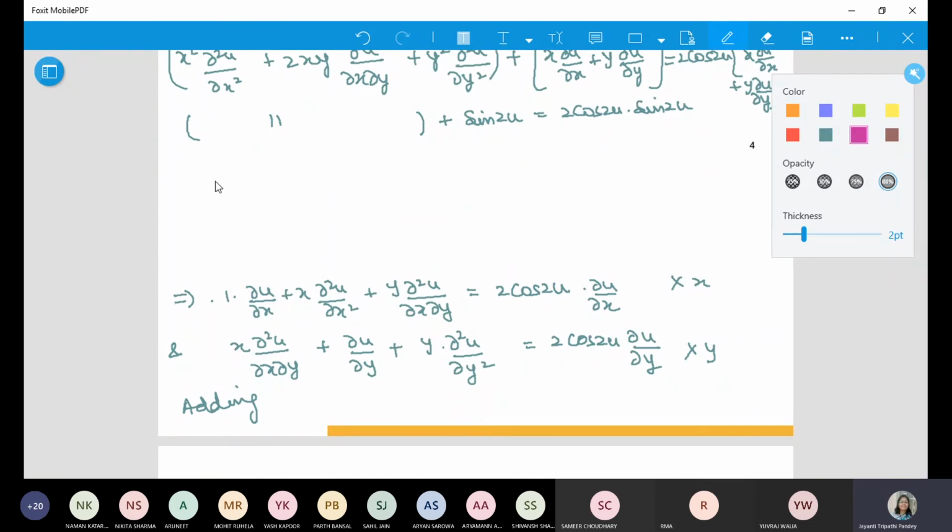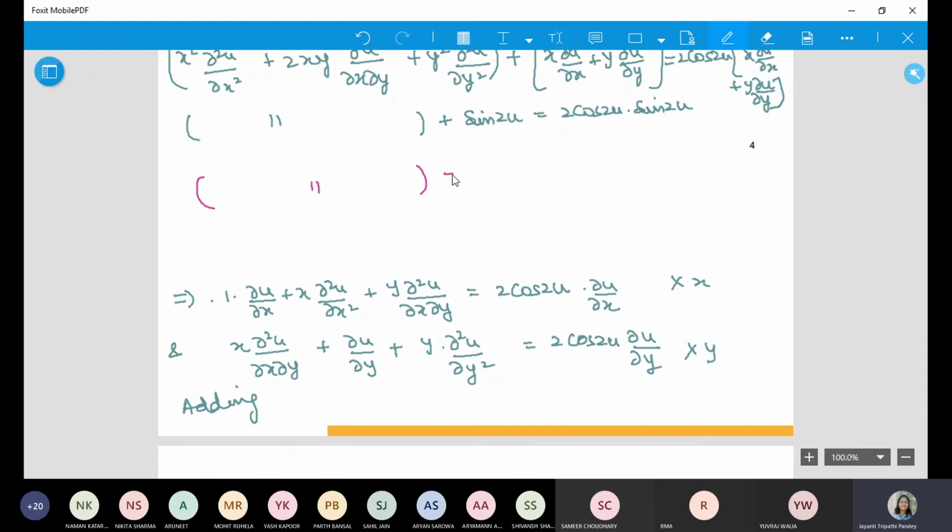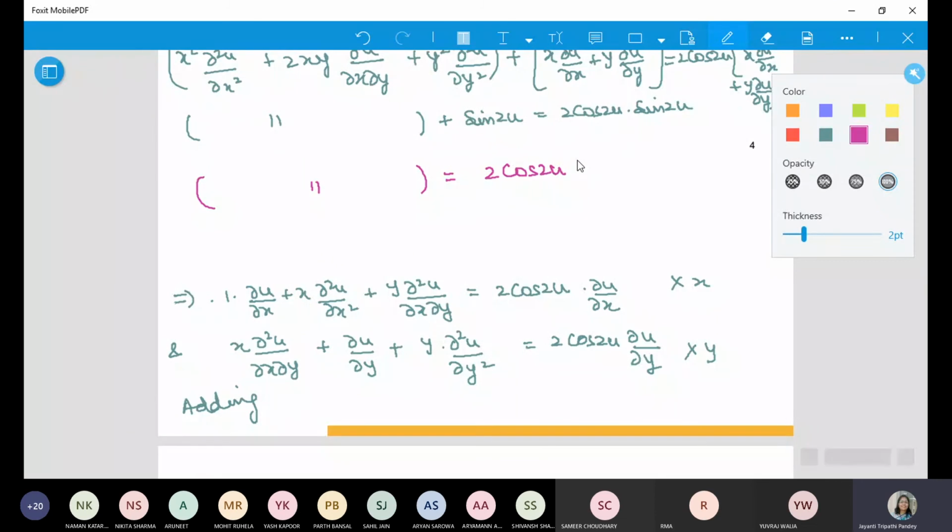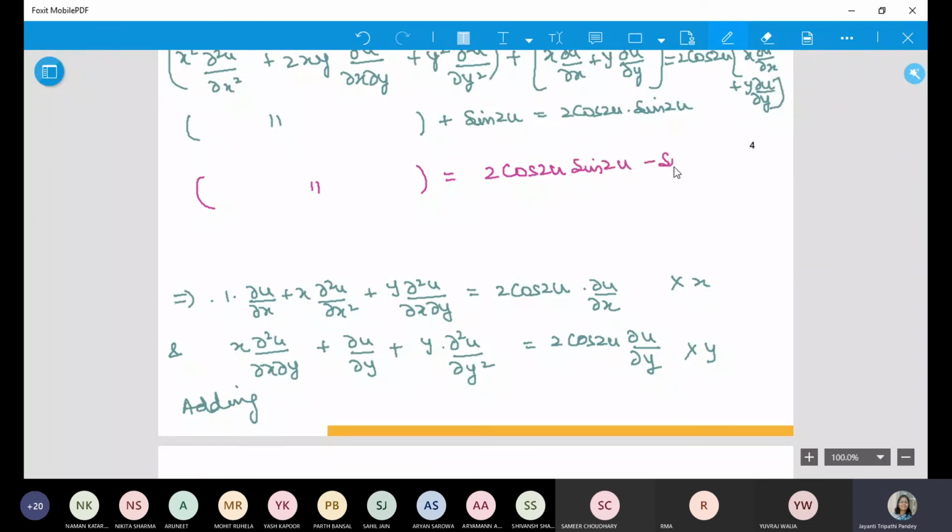So I'm keeping the left hand side as it is because this we need, and this is 2 cos 2u sin 2u minus sin 2u. If I take out sin 2u as common, you get (2 cos 2u − 1) sin 2u. 2 cos 2u minus 1 is what?